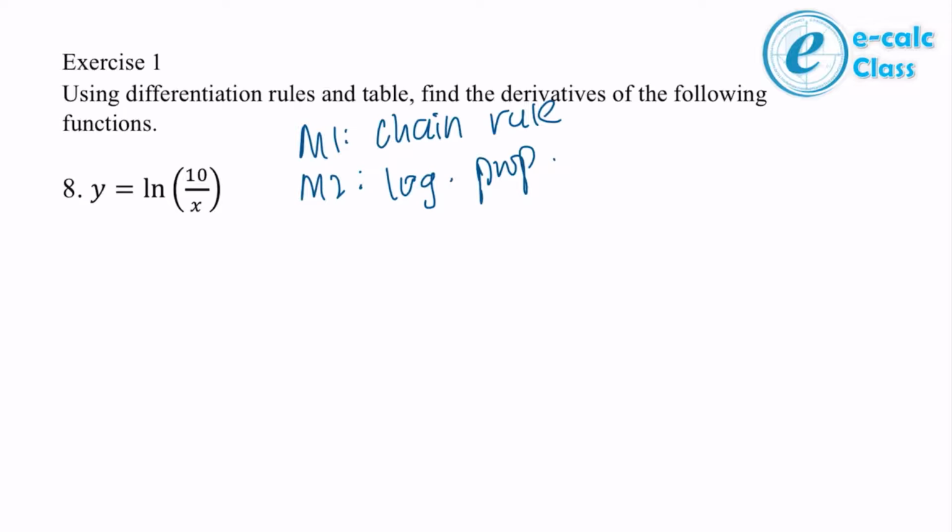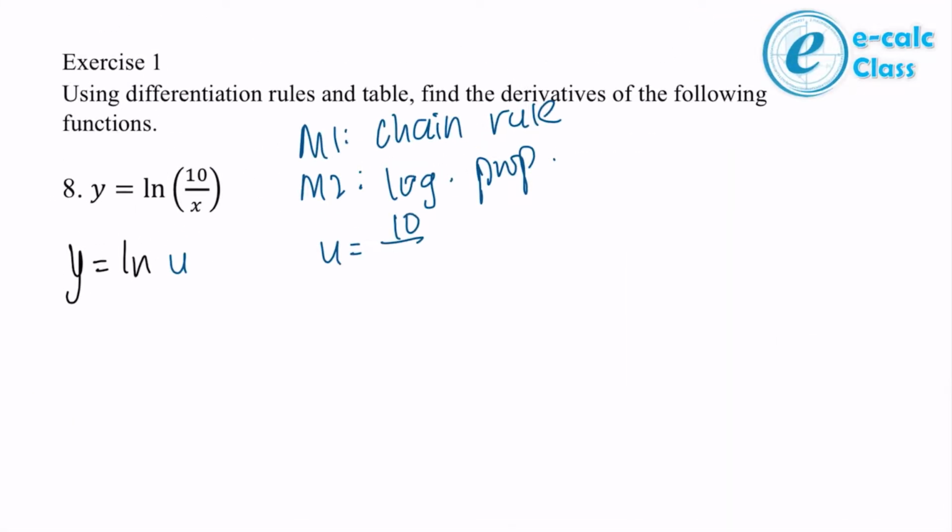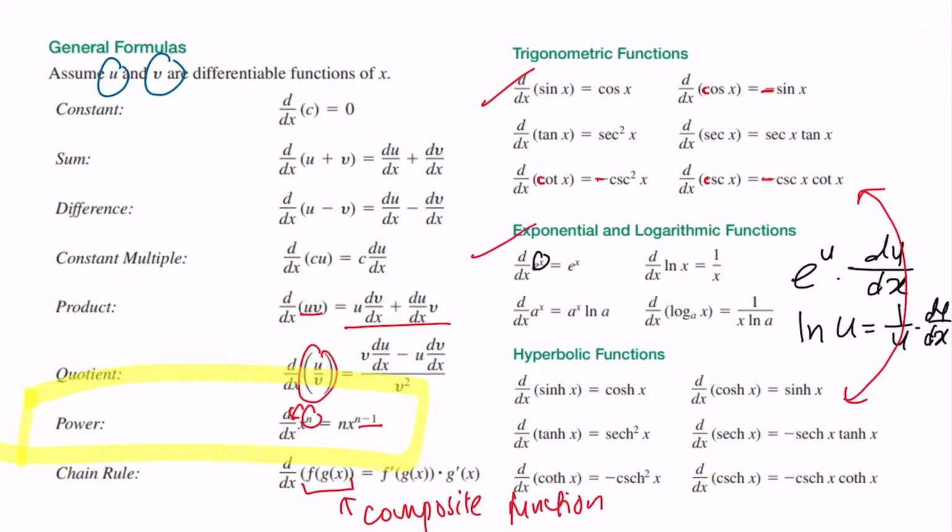If you want to use chain rule, okay, you just write y equals ln u, and your u is 10 over x. 10 over x means 10x to the negative 1. So du/dx will be bring down the power, minus 1. And what is the derivative of our natural log, ln? If you're not sure, go back to the formula. It is just a very nice 1 over x.